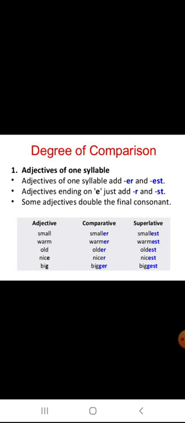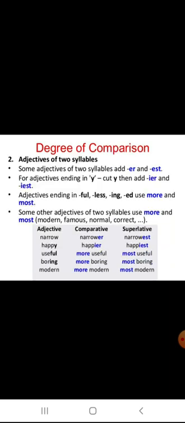Now you see how one syllable words change from the positive degree to the comparative degree and superlative degree. Small, smaller, smallest. Warm, warmer, warmest. Old, older, oldest. Nice, nicer, nicest. Big, bigger, biggest.